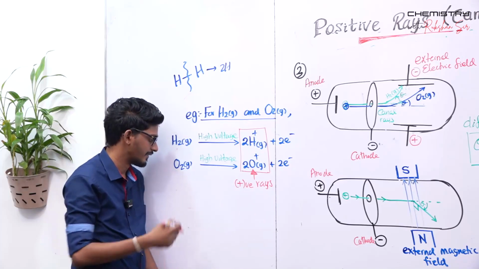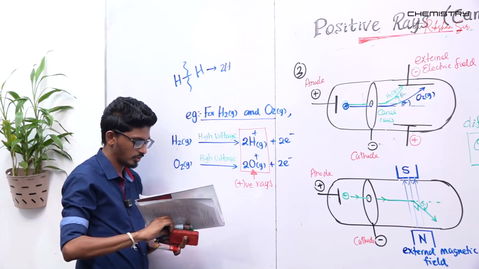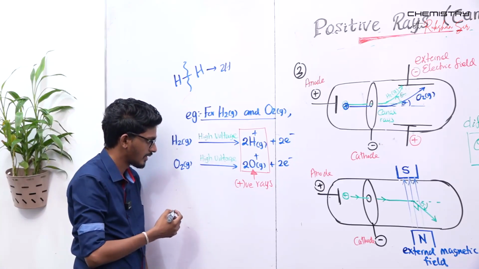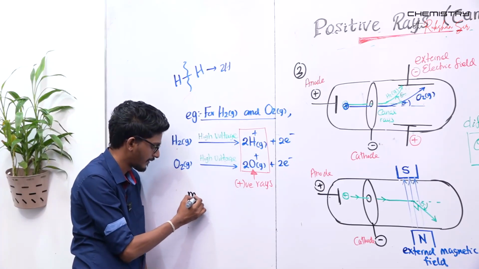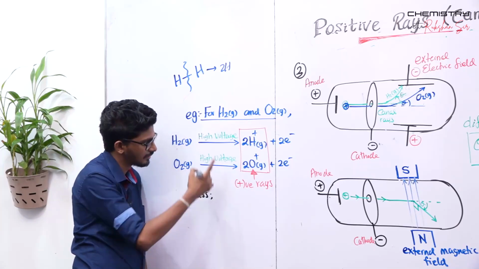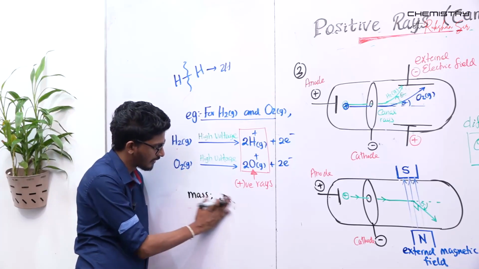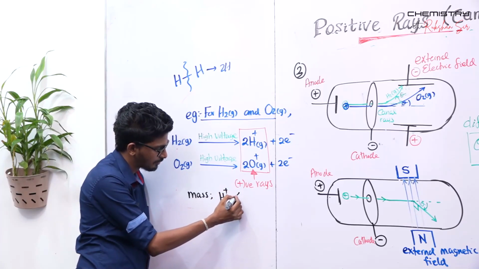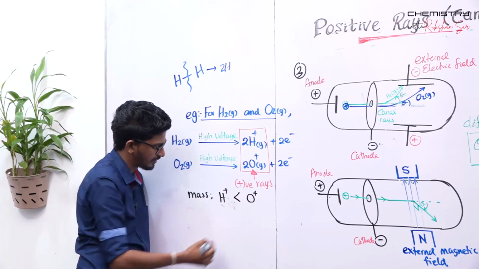So the point is this: the charge is the same, but the mass of H plus is actually smaller than the mass of O plus.